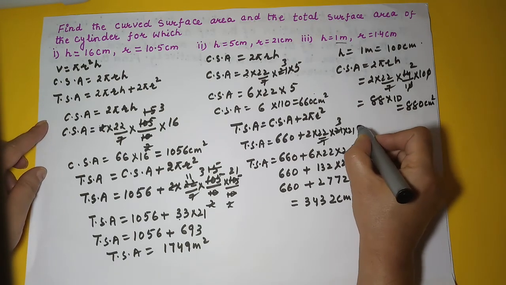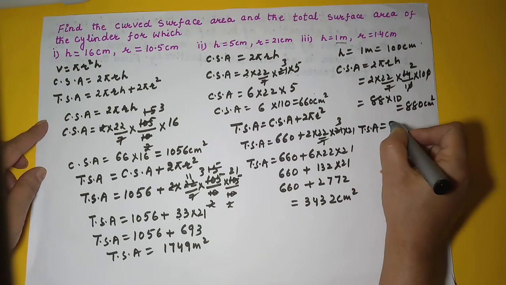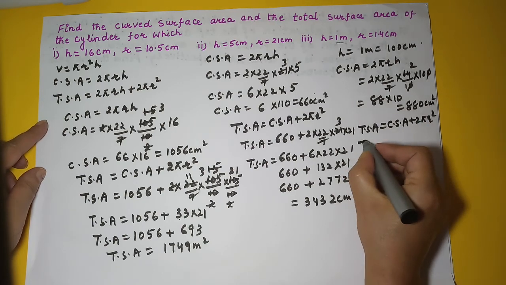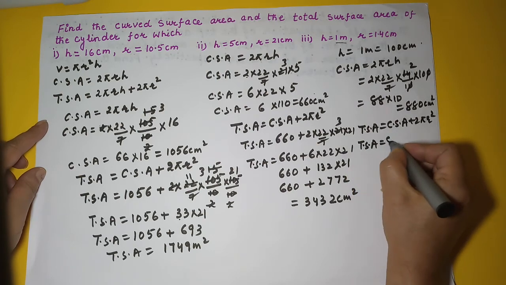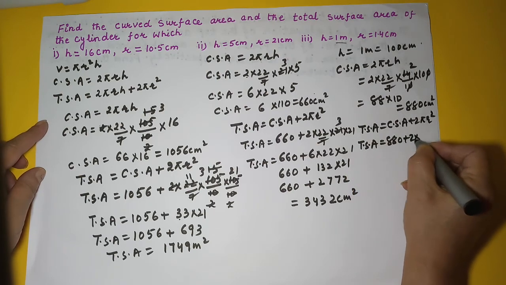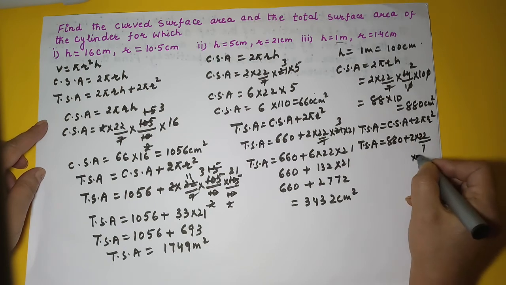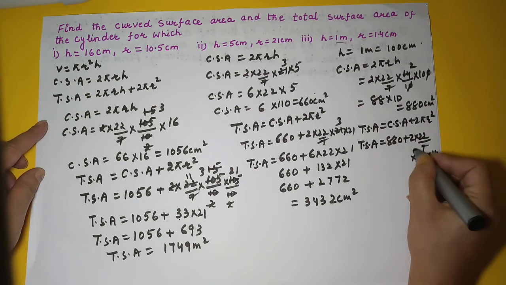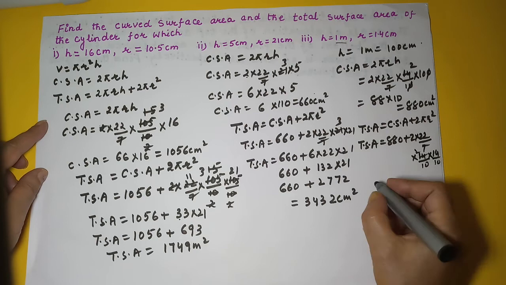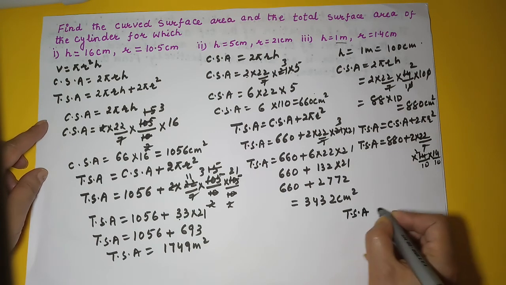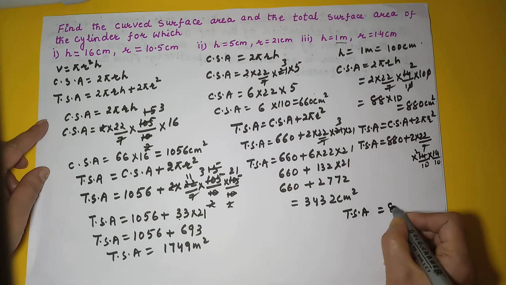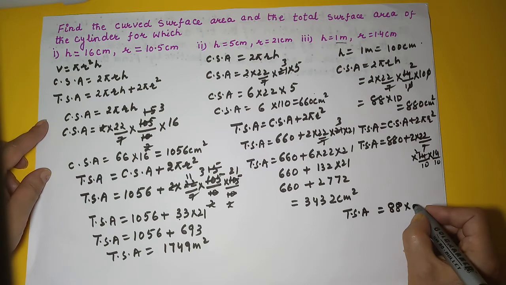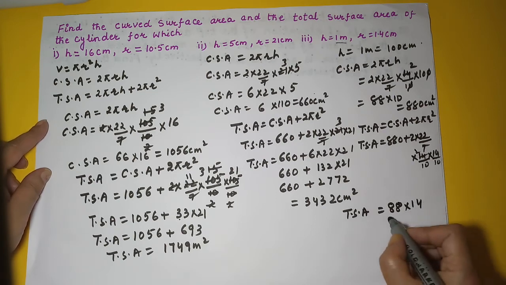Now I need to find the total surface area, which is equal to curved surface area plus 2 pi r square. So my total surface area is 880 plus 2 into 22 by 7 into r is 14 by 10 into 14 by 10. So this 7 will cut this 2. So we will finally have my total surface area as 88, 2 2s are 4, 4 into 22 is 88 into 14 divided by 100.